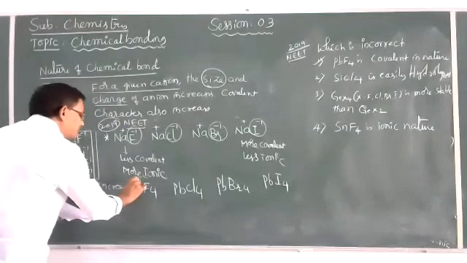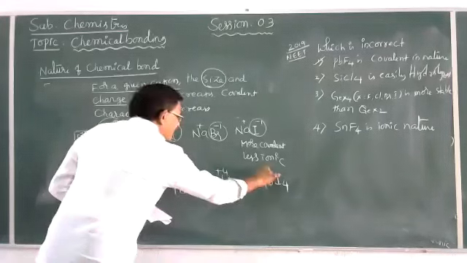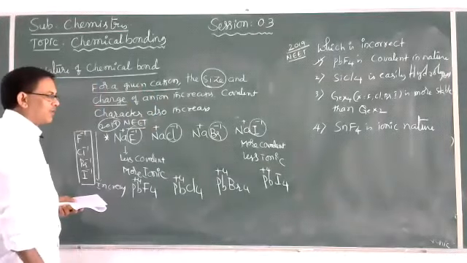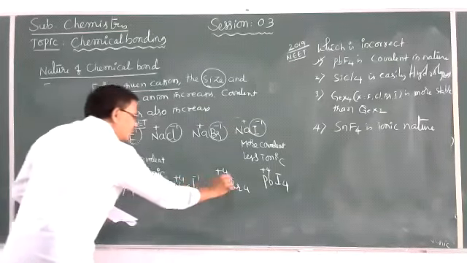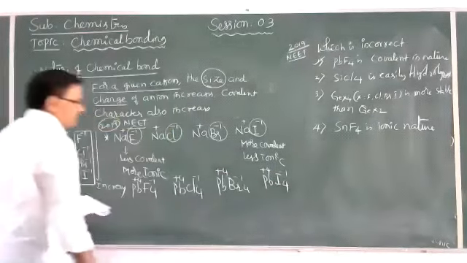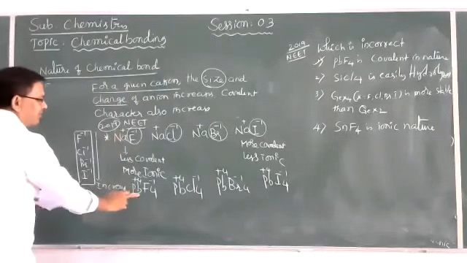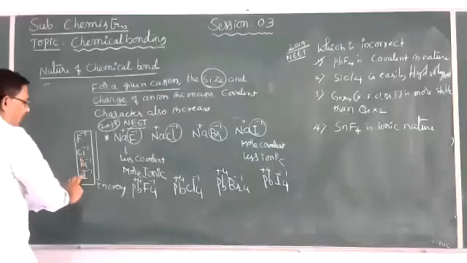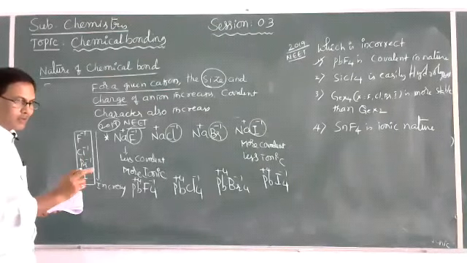Here the charge of the cation, lead, is +4, +4, +4, +4, but all the anions are -1, -1, -1, -1. For a given same cation, as the size of the anion increases, covalent character increases according to Fajans rule.